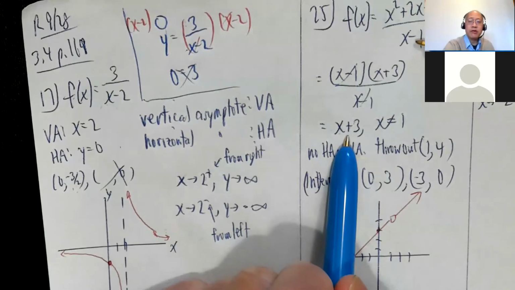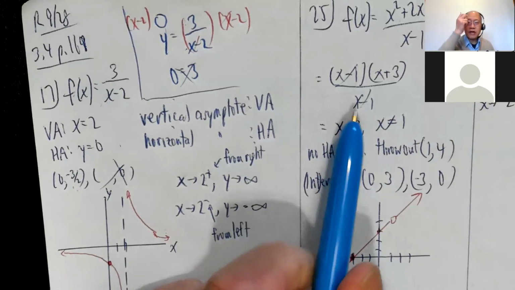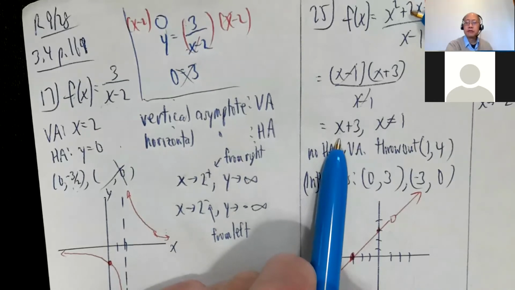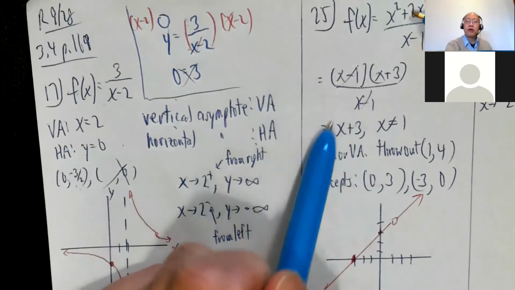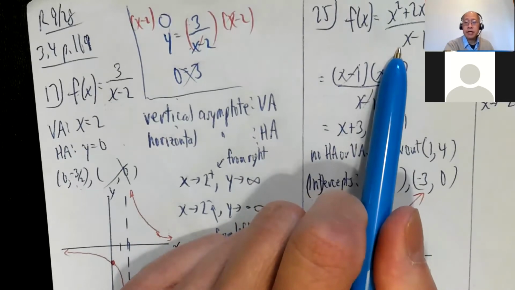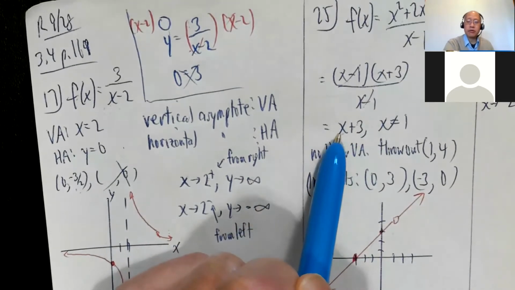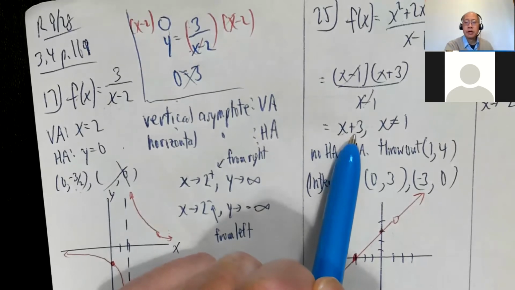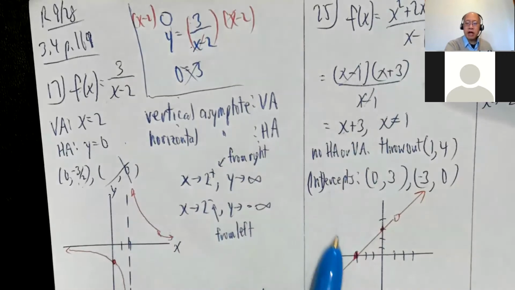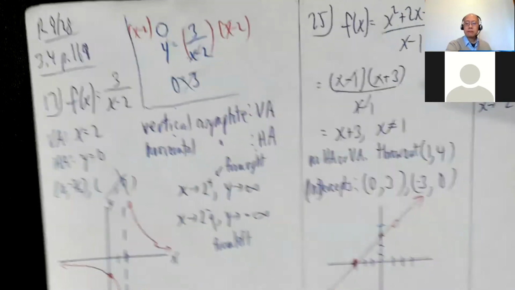They are the same everywhere except at x equals 1. So in your Algebra 1 class, when you said this is equal to this, it's not really true. It is true for all real numbers except 1. Because 1 is allowed here, you can plug in 1, 1 plus 3 is 4. But 1 is not allowed here because you're dividing by 0. So this graph has a hole in it.